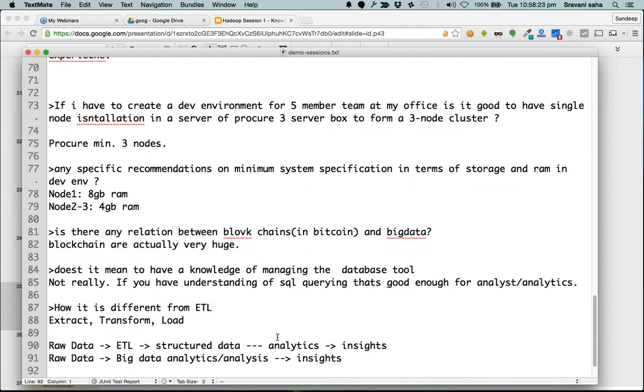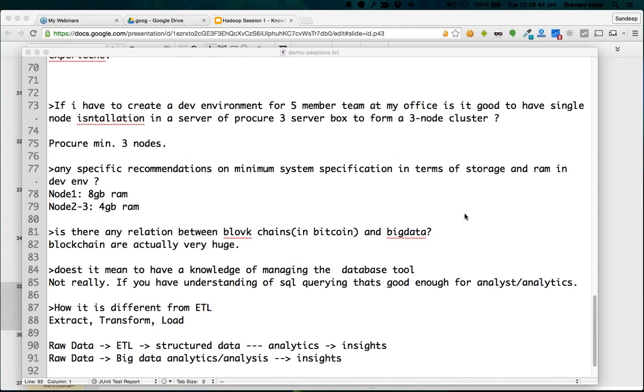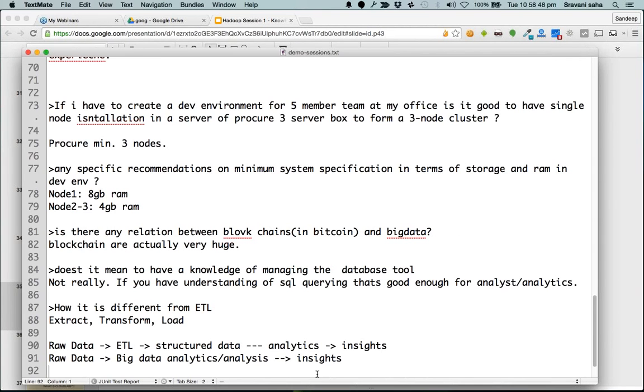Big data analytics includes everything, because even ETL is a very difficult proposition when the data has grown into terabytes. So even for ETL, you would require a new set of tools. Was I able to answer, Raj?